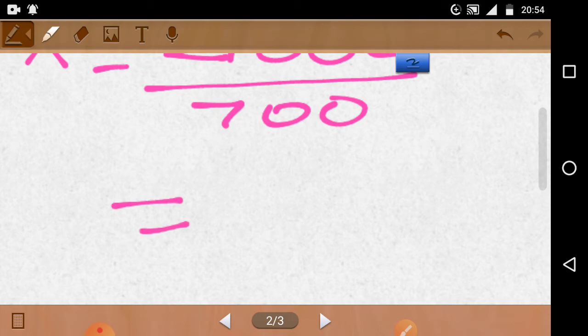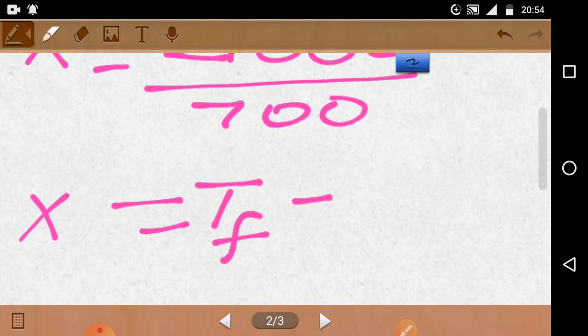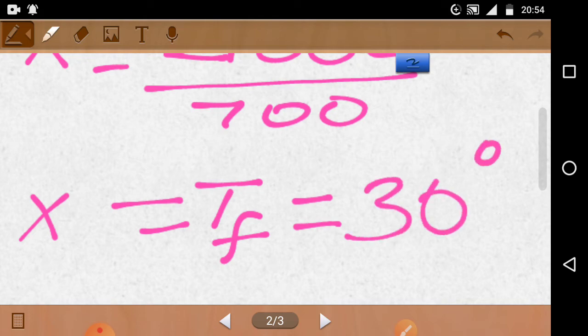That X, which is equal to the final temperature TF, will be 30 degrees Celsius.